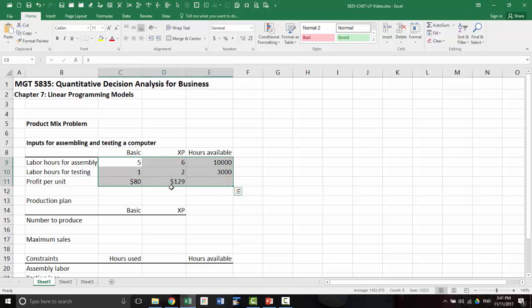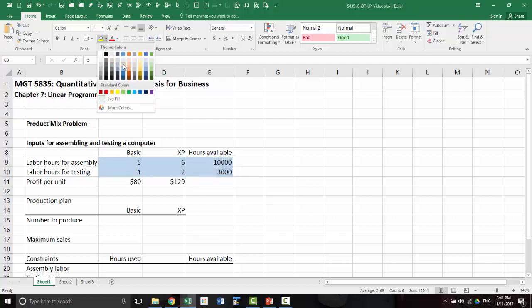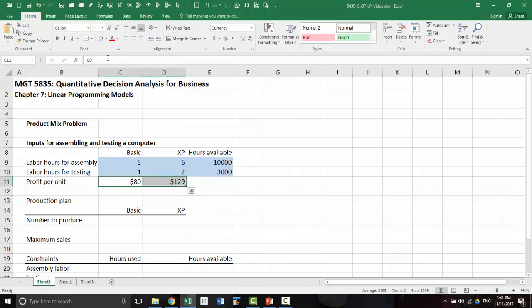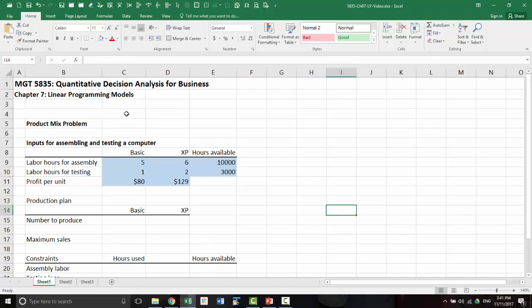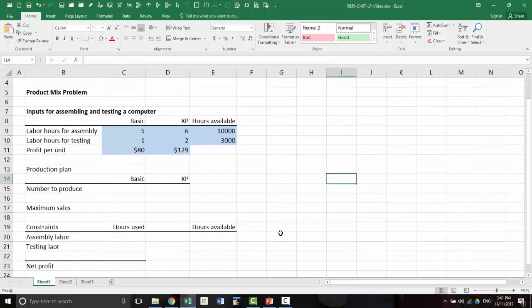And I would color code. Okay, I'm going to use a light blue like that as input. So I know that in this modeling, wherever I see a light blue background, that represents input values. Okay, and so that's the input.